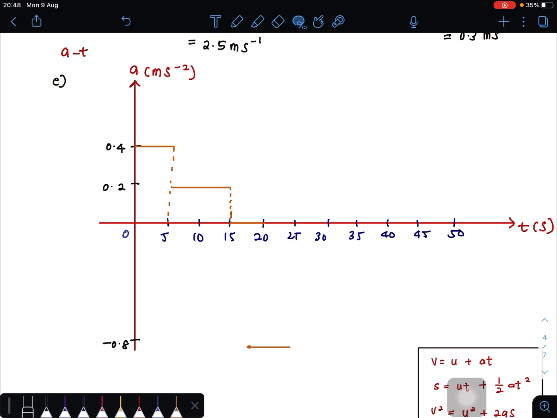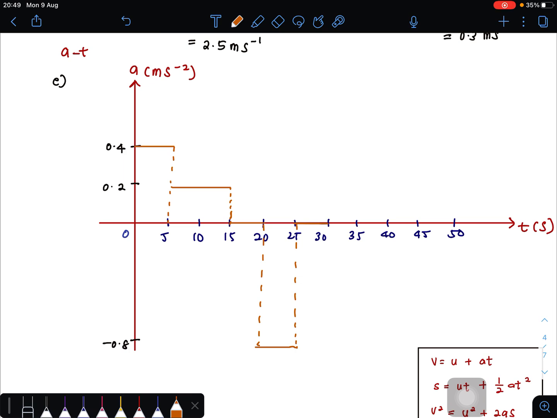Okay, let me make it nice. And then must be a dotted line, this one. Okay, next one. From 25 to 30 second, acceleration is zero again. So just a straight line on the x-axis.